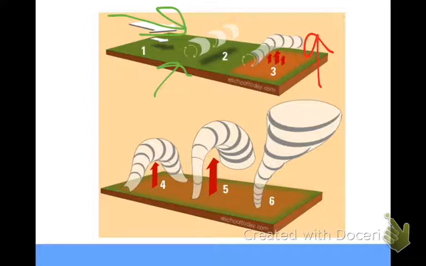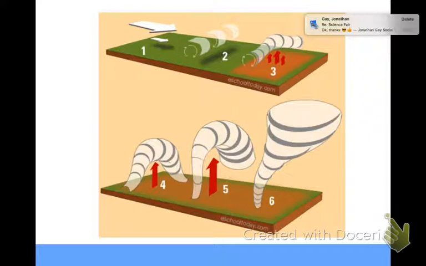And as that column of air in the cloud starts to spin faster and faster and faster, you then can get a funnel cloud that will go down to the ground. But the rotating air actually did not start in the cloud. It starts on the ground and is lifted by that warm updraft, and then can eventually come to the ground later. So again, that is a very new understanding of tornadoes that was very much more recent.